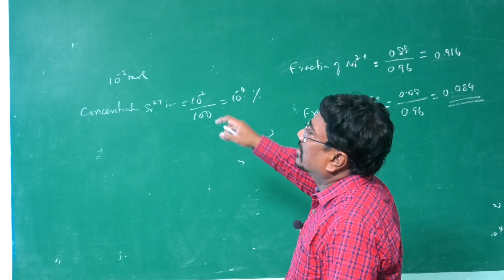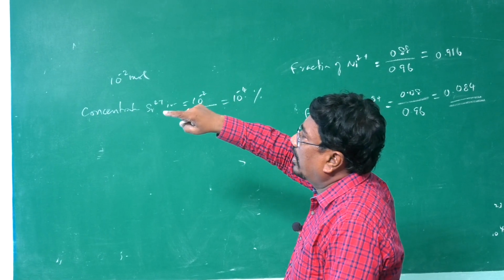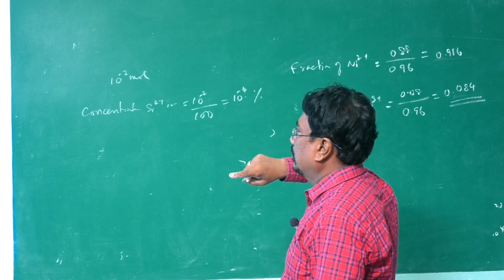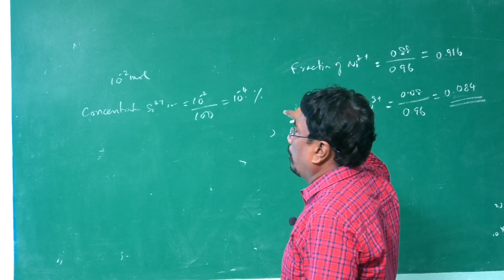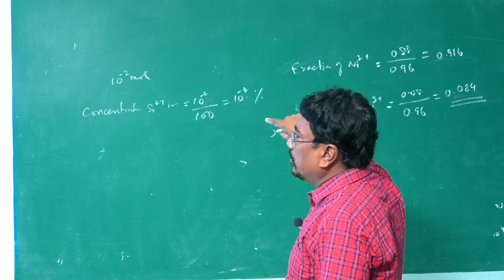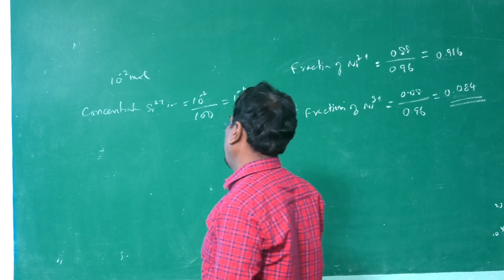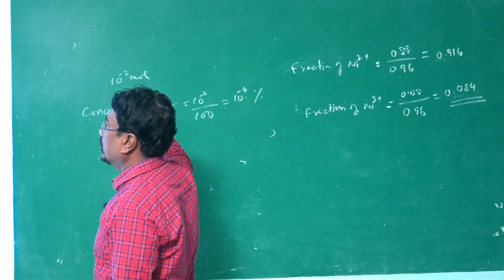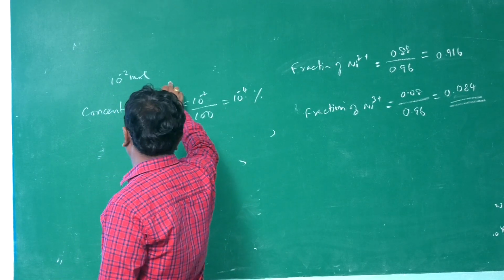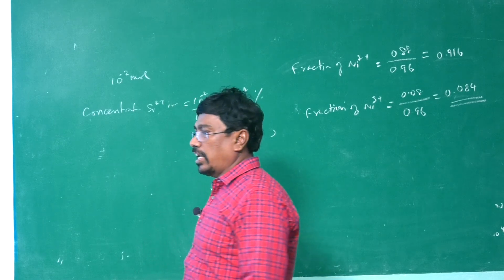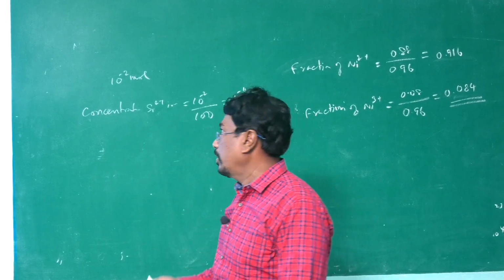Concentration of cationic vacancies, if it has to be given in terms of number of cations, has to be multiplied by Avogadro number. The concentration of Sr2+ ion is this much, and that many cationic vacancies will be available.